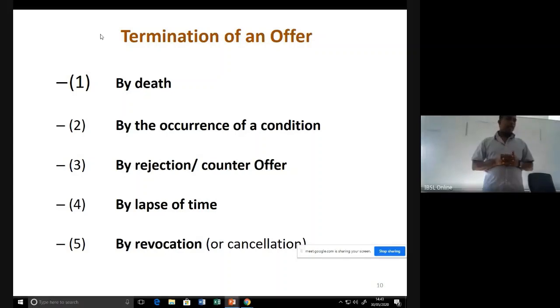That's a rejection. Once Nimal rejects my offer, the offer is not valid anymore. The offer comes to an end. So today Nimal says, no, it's not worth, 5 million is too high, so I don't want it. Thanks. That's a rejection. Now the offer comes to an end.